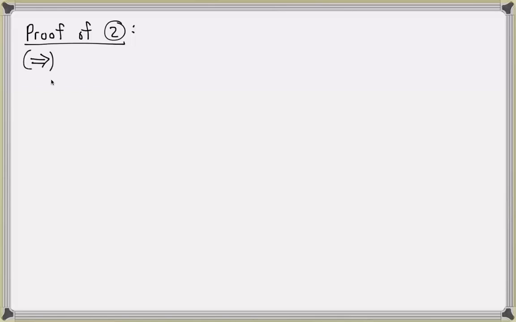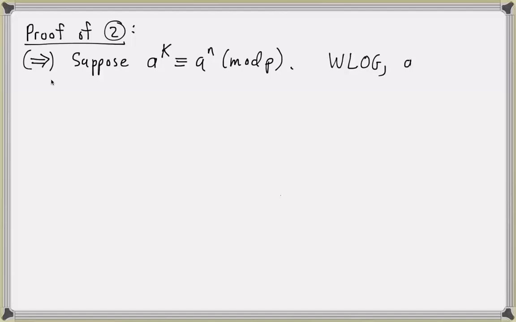So let's start off by assuming that a to the k is congruent to a to the n. Then, without loss of generality, let's assume k is greater than or equal to n.